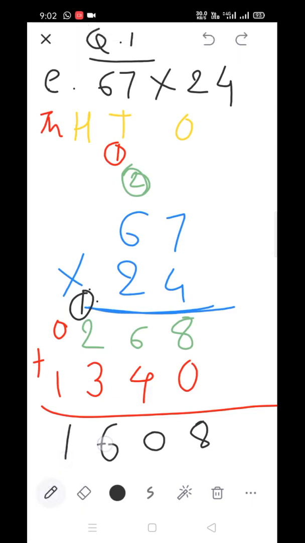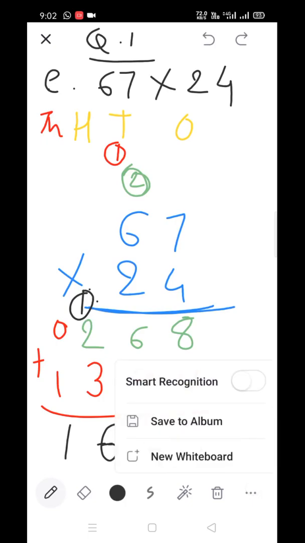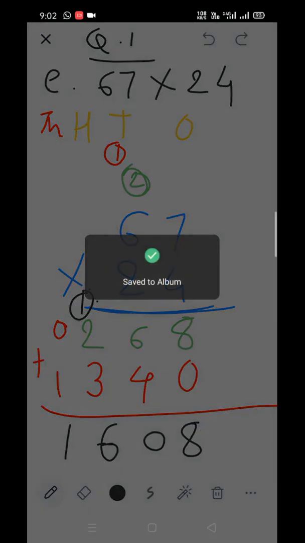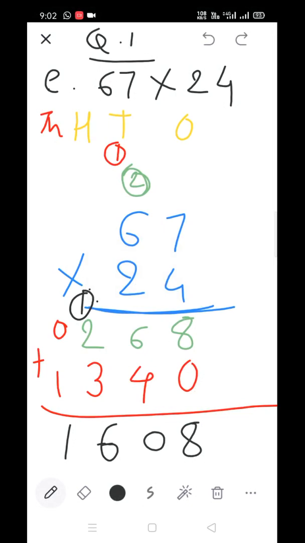Complete this in your notebook. After this, F is your homework.